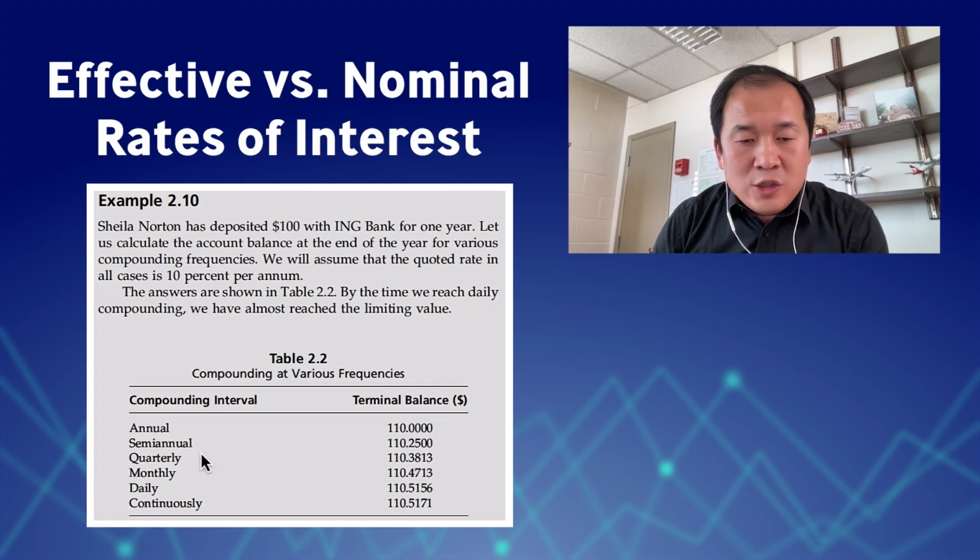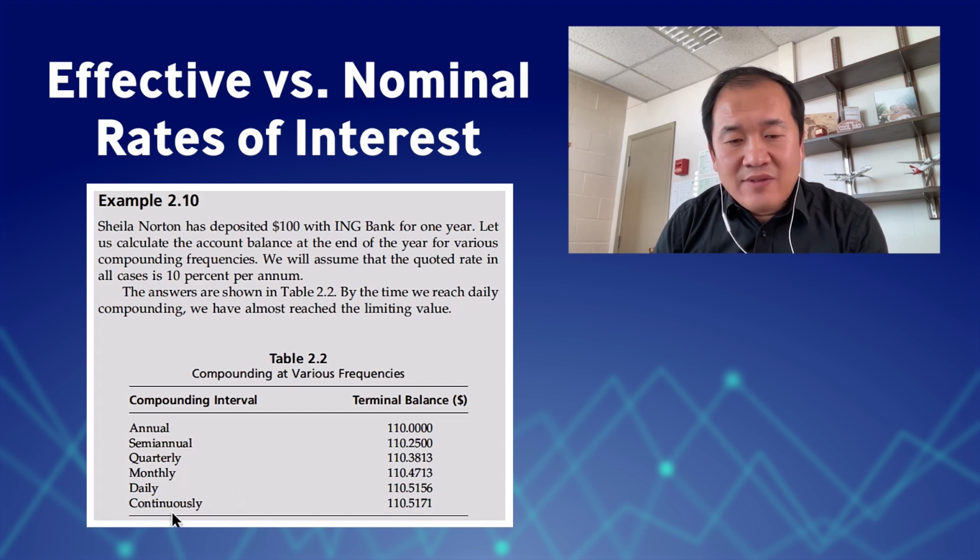If we do this twice a year, then your total capital by the end of year one will be $110 plus 25 cents. If you do it quarterly, monthly, and daily, you receive different amounts of returns.